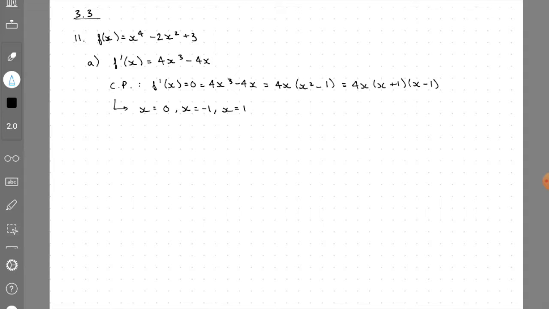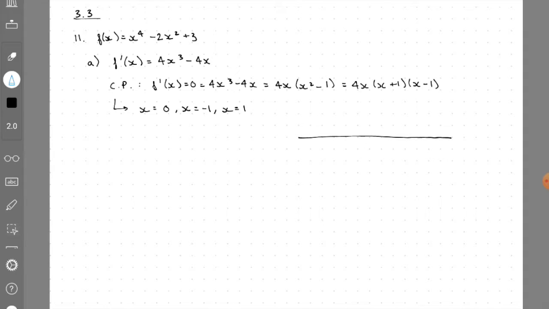Now, how do we know when the graph is increasing or decreasing? Well, it's pretty simple. We just plug in numbers at different points in our number line and see when the derivative is going to be positive or negative, and that's going to tell us when it's increasing or decreasing. So what I'm going to do is draw a number line. I'm sure you've all seen this a million times.